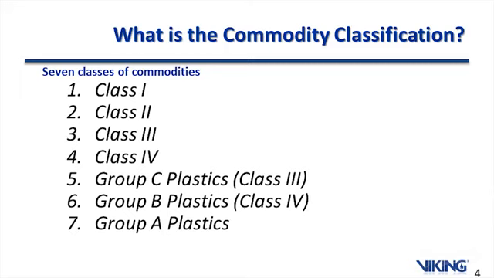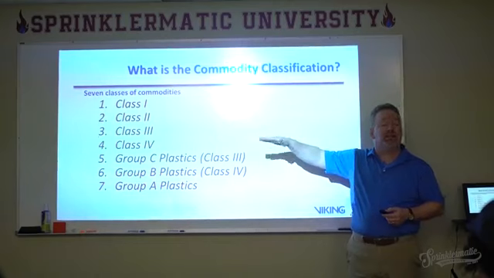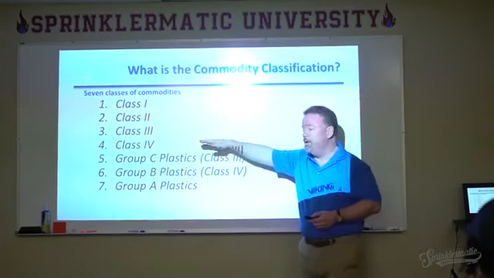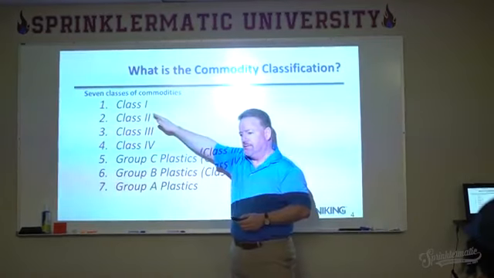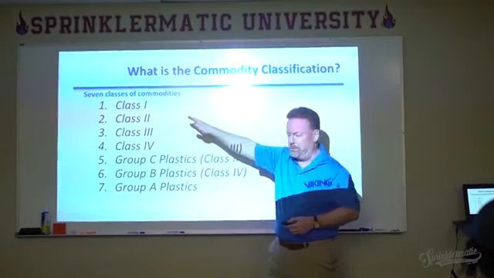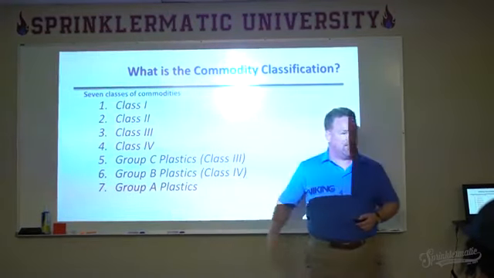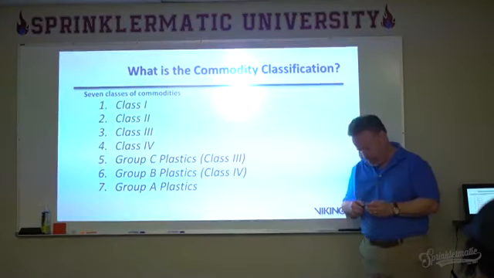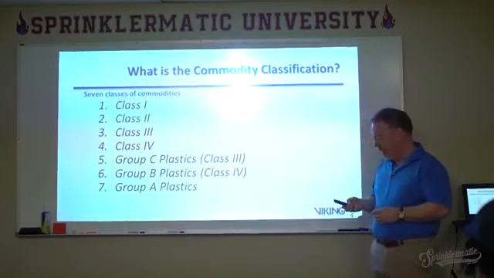These commodity classifications are defined basically by the ability of the commodity to burn. Class 1 is the least combustible, all the way up to group A plastics, which are the biggest challenge for a sprinkler system to control.